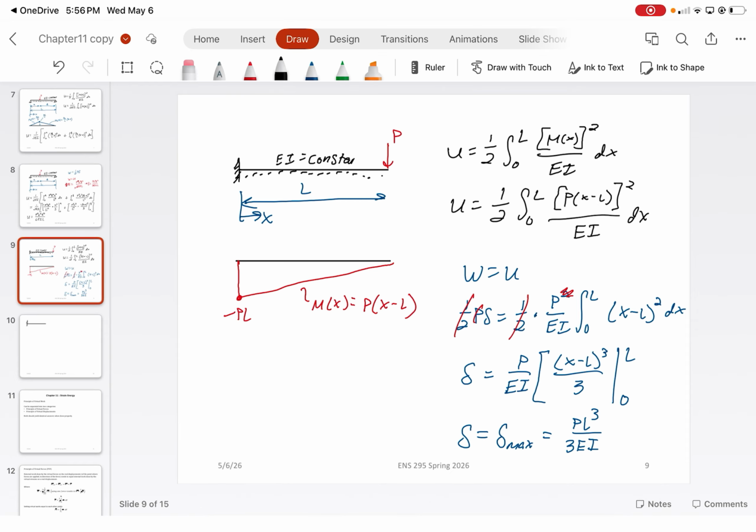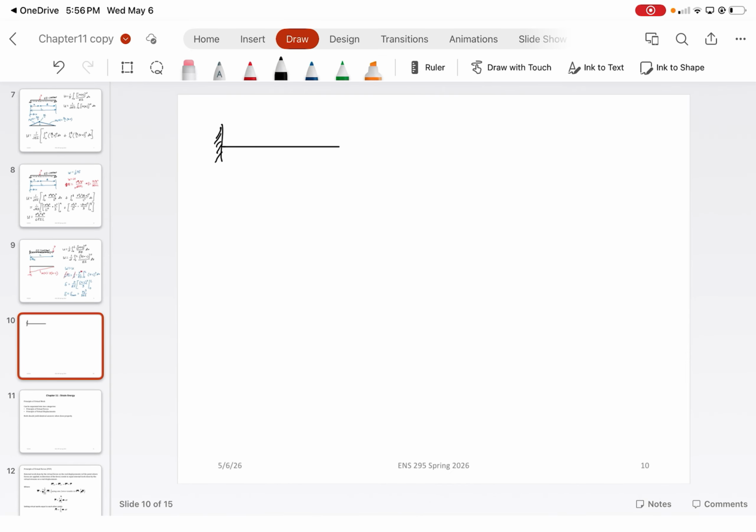That's an important distinction. And in this case, for the axially loaded rod, this is a force P subjected to a length L and a coordinate position x.